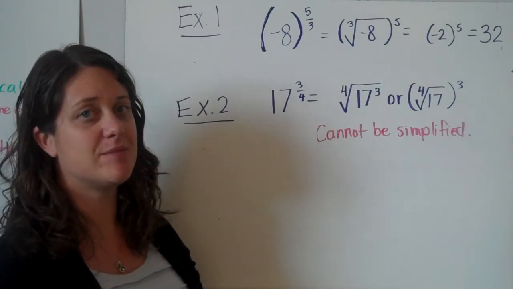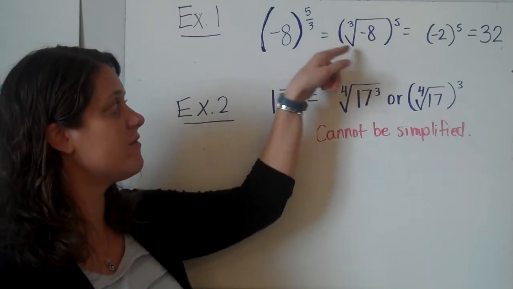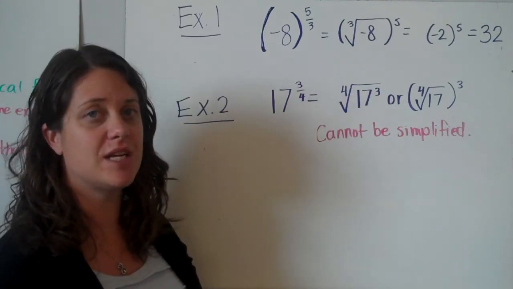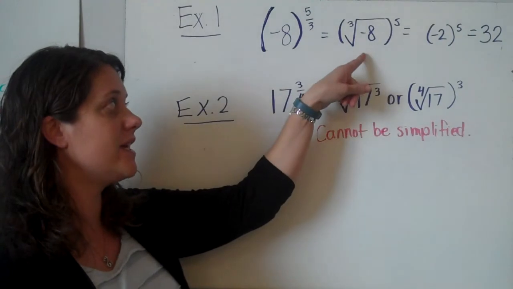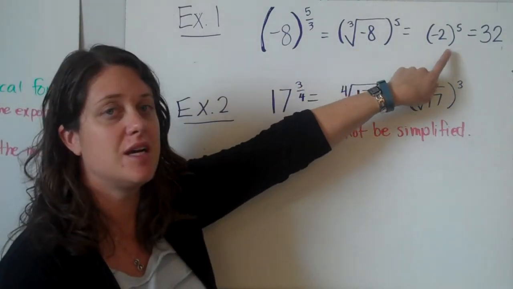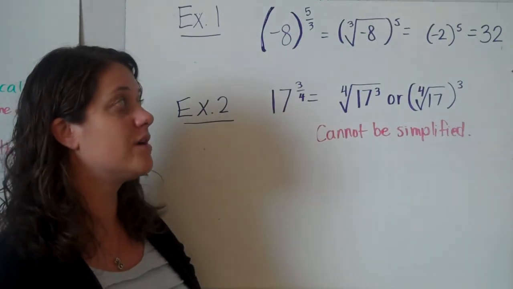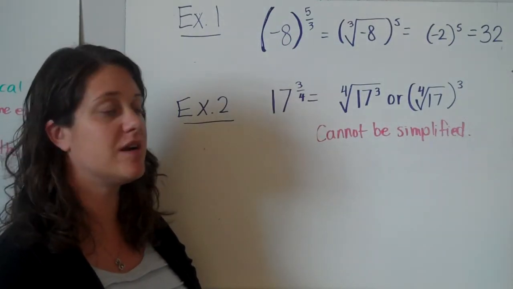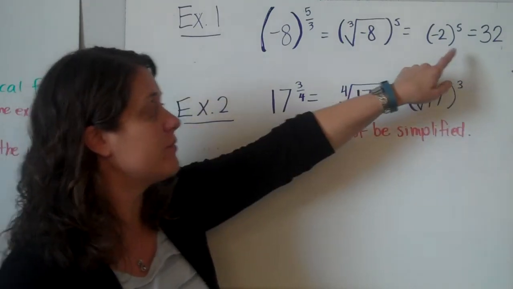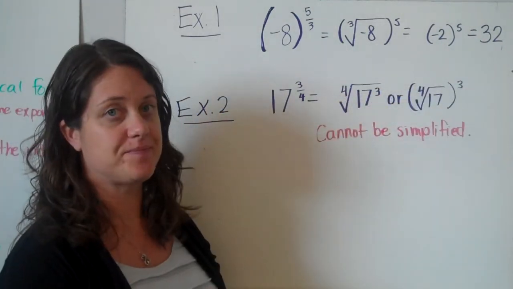Again it's much easier if we simplify what's in here first. Negative 2 times negative 2 times negative 2 makes negative 8, so the third root of negative 8 is negative 2. And then we just raise that to the 5th power, and we will get negative 32.